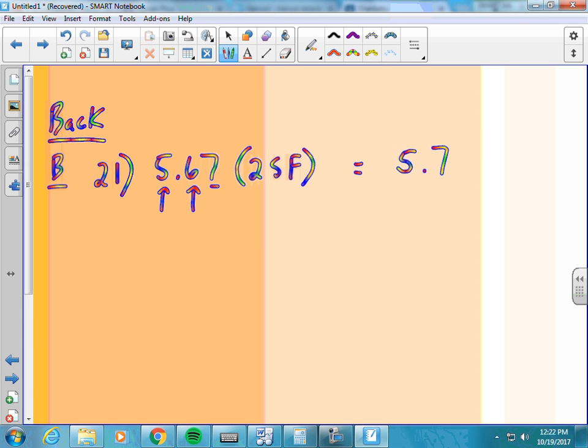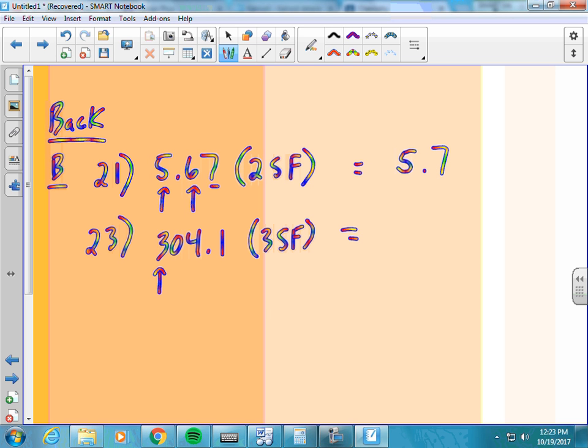Let's take a look at number 23. On number 23, they give me 304.1, and they say round that off to three significant figures, please. Is the 3 significant? Yes.